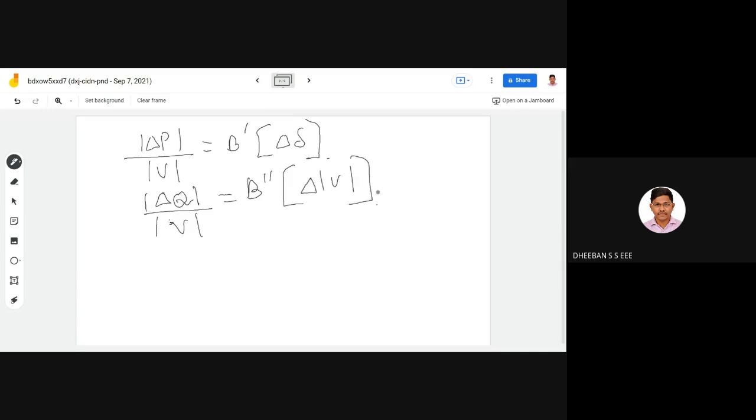Okay, so this is how it becomes, and over here this B dash and B double dash represent constants.